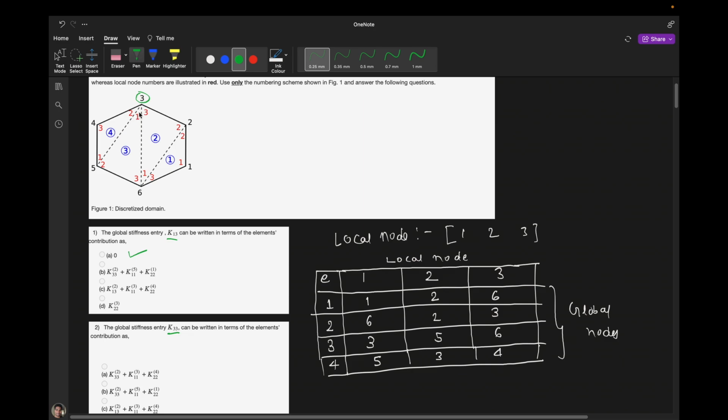For element 4 the local node connecting with the global node is 2, for element 3 it is 1, and for element 2 it is 3. So K33 means global node 3. Here it is 3, here it is 3, and here it is 3.